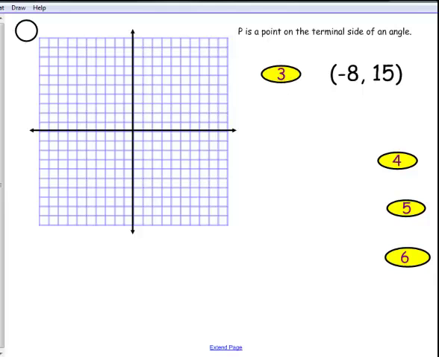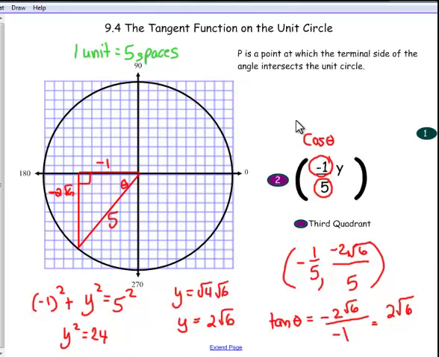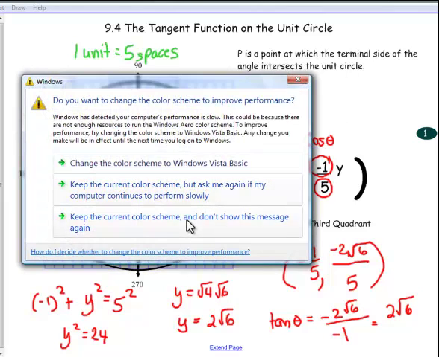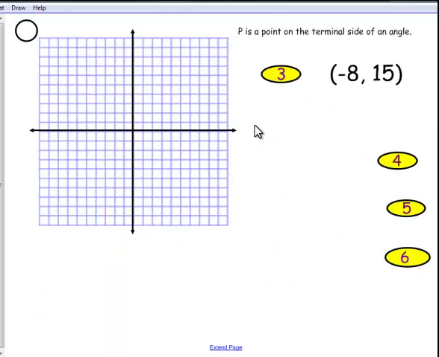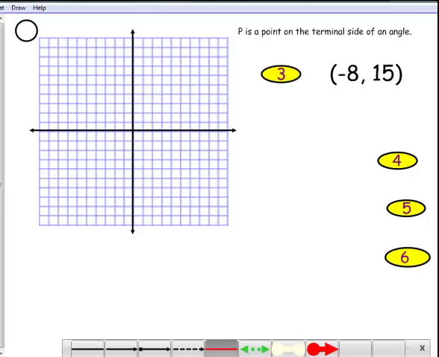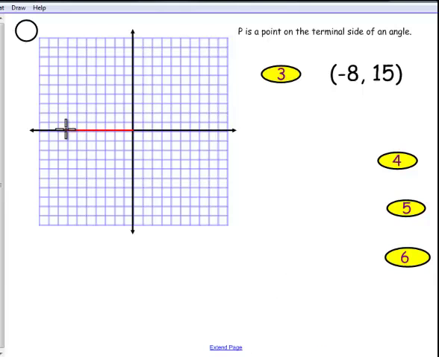On the last slide, they told me that it intersects with a unit circle, so I already knew I had an adjacent and a hypotenuse. On this one, I have to create my unit circle. All right, so again, I'm going to estimate. I'm going to go over -8, and then I'm going to go up 15.